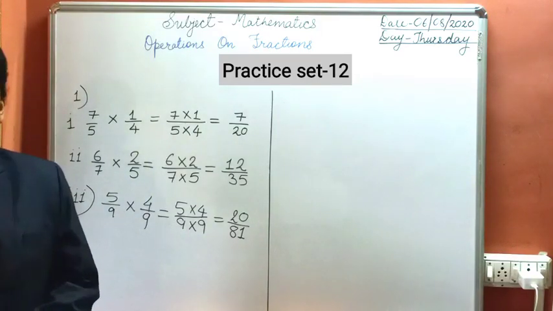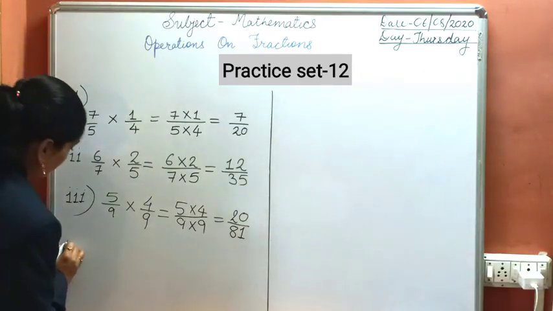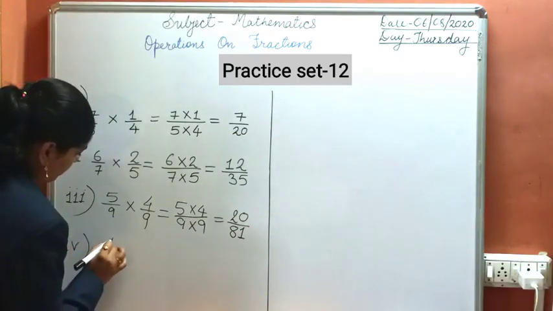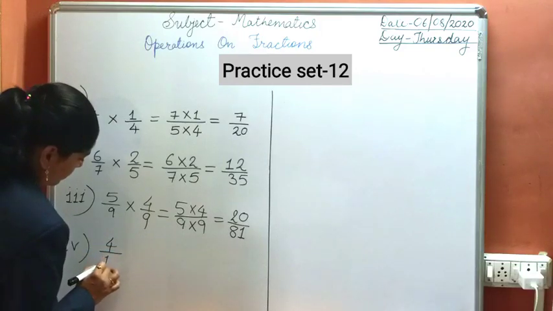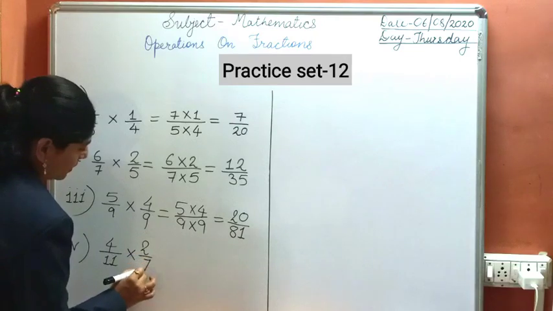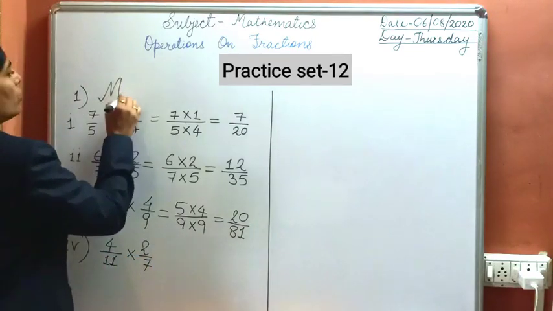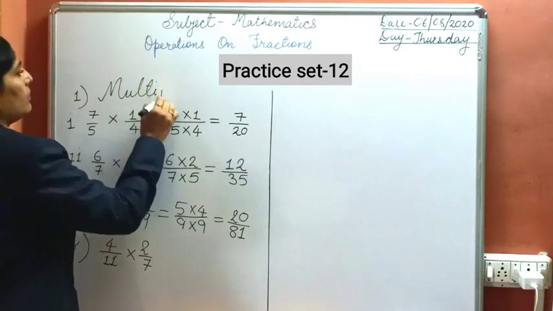Next question is 4 upon 11 multiplied by 2 upon 7. See students, here is the question. Okay, just write. Our question is multiply.